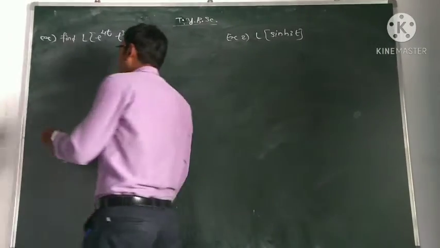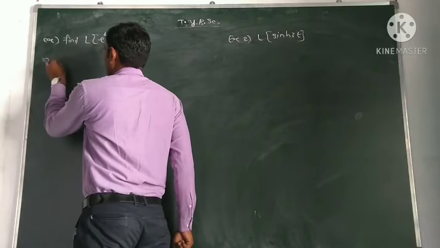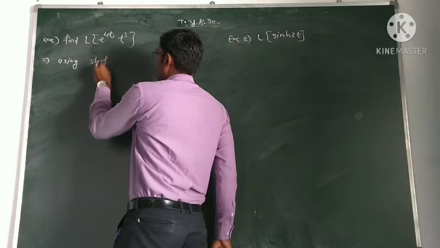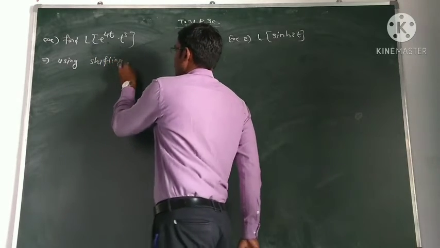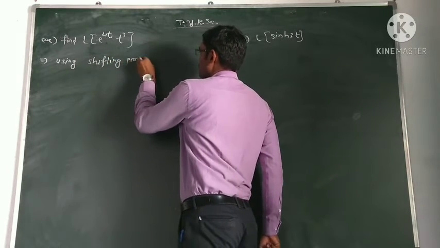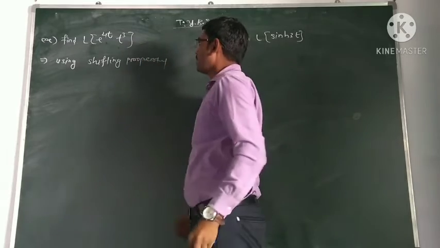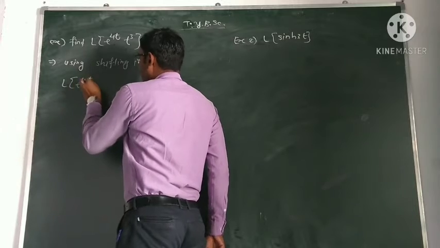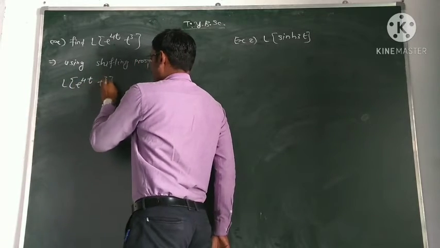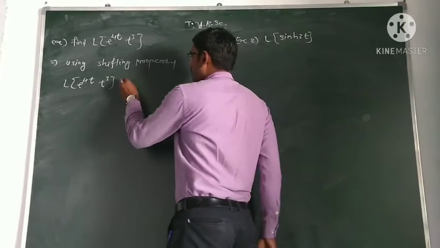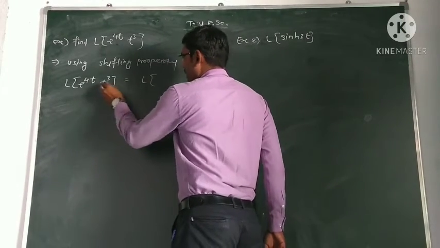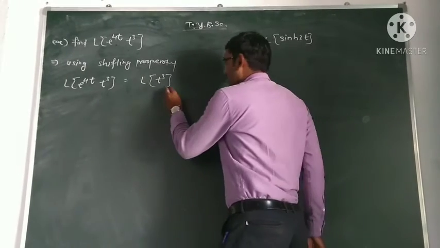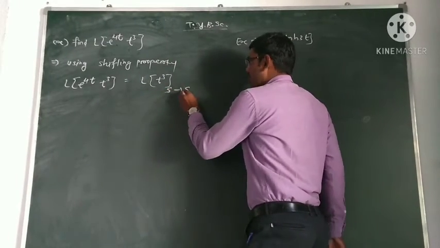So we will solve this using the shifting property. We have the Laplace transform of e raised to power 4t into t cube is equal to, take the Laplace transform of the function. Here the function is t cube, and shift s to s minus a.